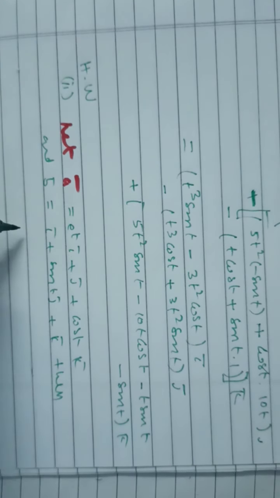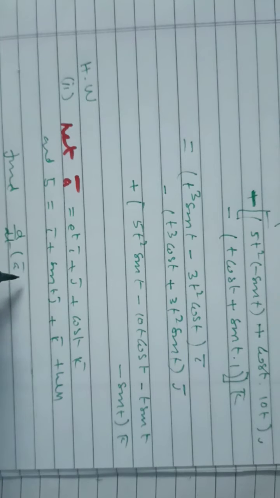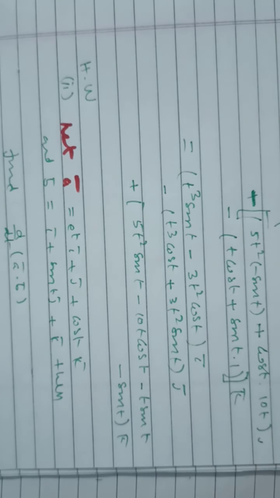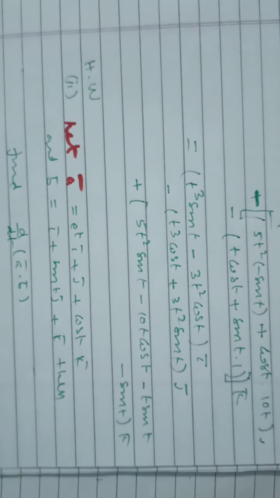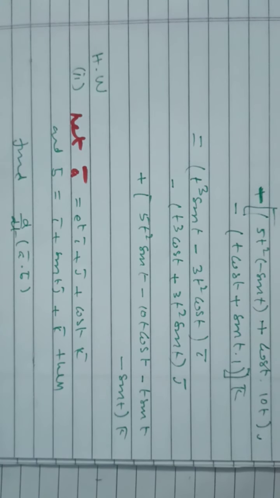Then find d by dt of a bar dot b bar. So this problem you can find. The answer is e power t plus cos t minus sin t.